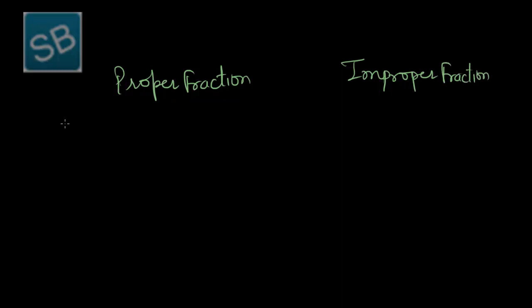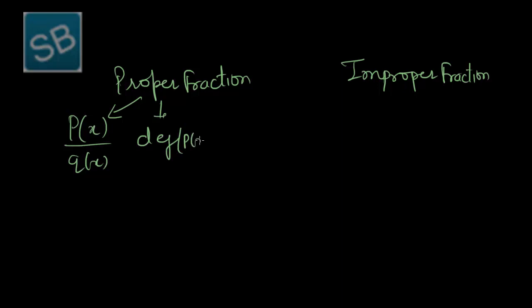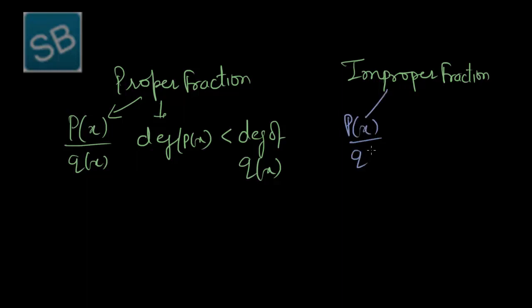For a proper fraction, that is p x over q x, the degree of p x is less than the degree of q x. In the case of an improper fraction, that is p x over q x, the degree of p x is greater than the degree of q x.